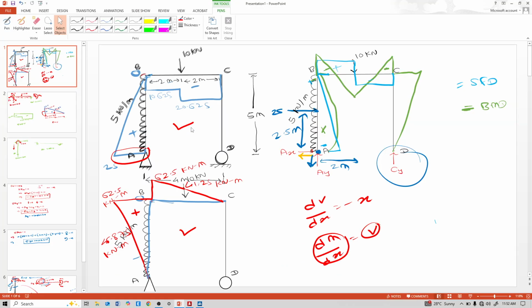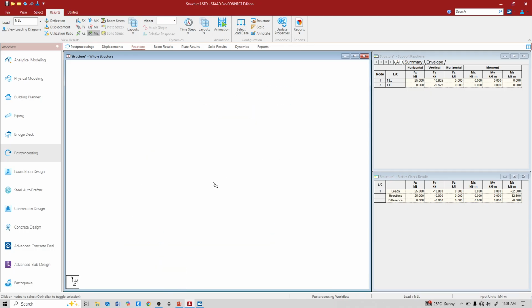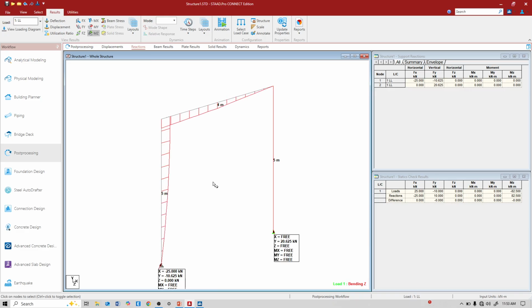Now go towards moment. I told you that STAAD Pro moment negative means our manually calculated is positive. STAAD Pro moment positive means our manually calculated is negative. Signs are changed between manual and STAAD Pro calculation. So see this, see this SFD is on the inner side, that means negative.